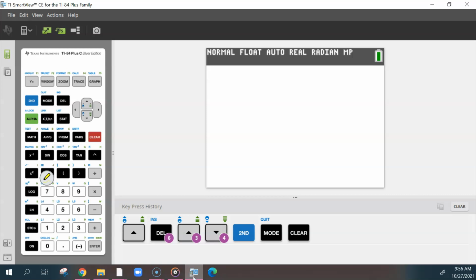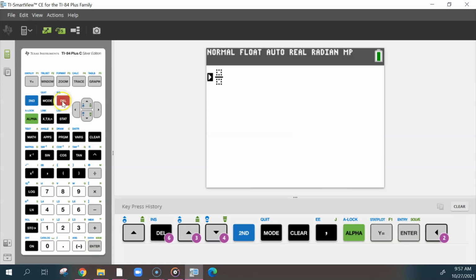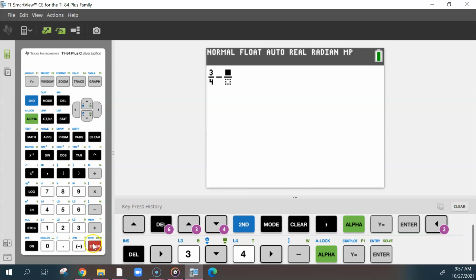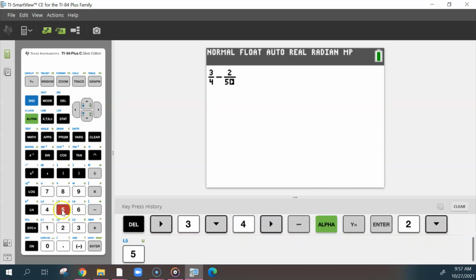So you could do all of your subtraction fractions in your calculator. Alpha y equals, I forgot what one of them was. Alpha y equals 3/4 minus 2/5. Alpha y equals, your home screen, second mode. So that would give us the 7/20 that we got.